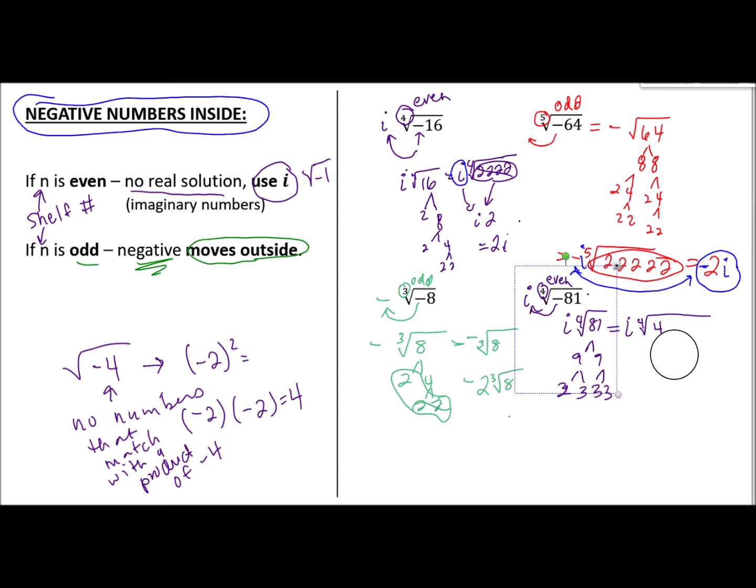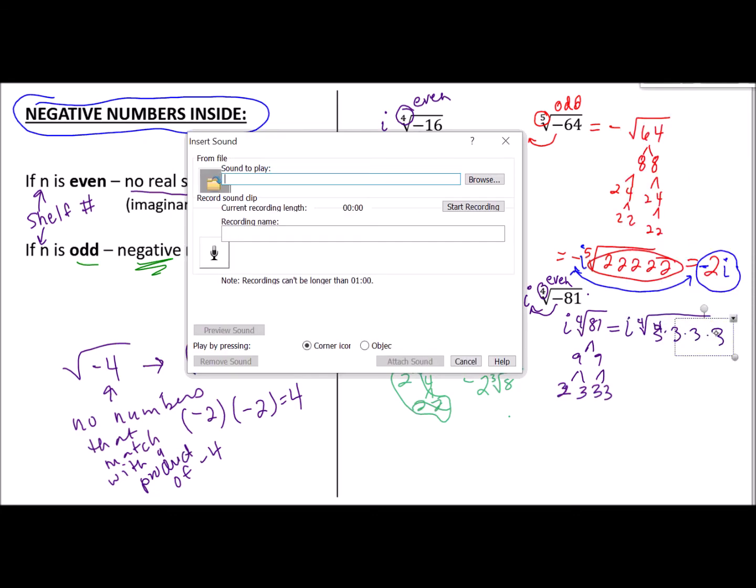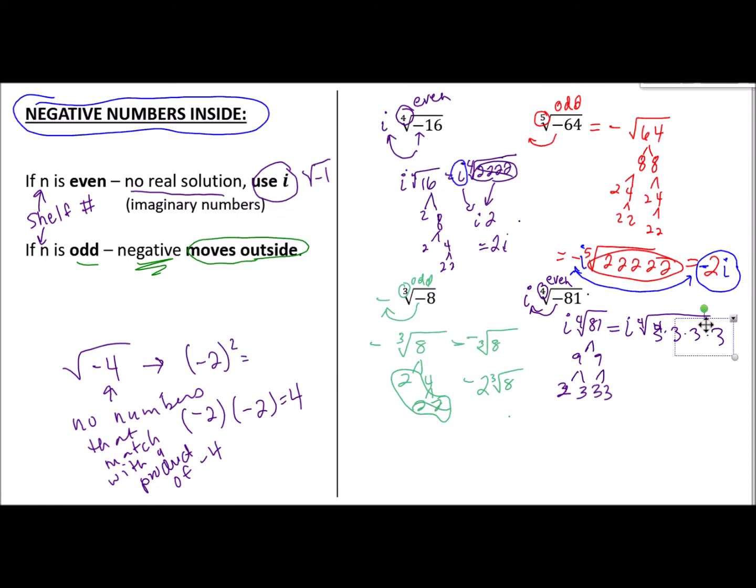Looking for a group of 4. Got us a group of 4. One makes it out, one does not. Don't forget the i, and he's going to go over here, just like a variable: 3i.